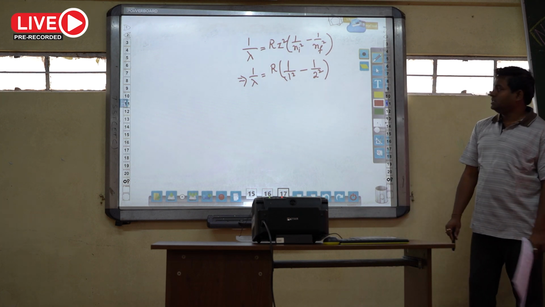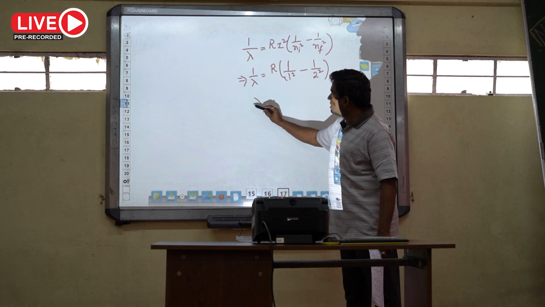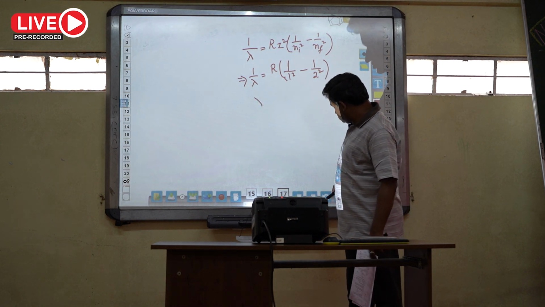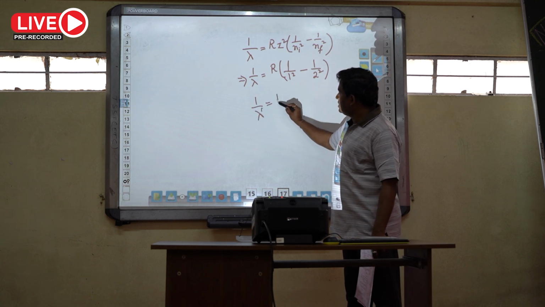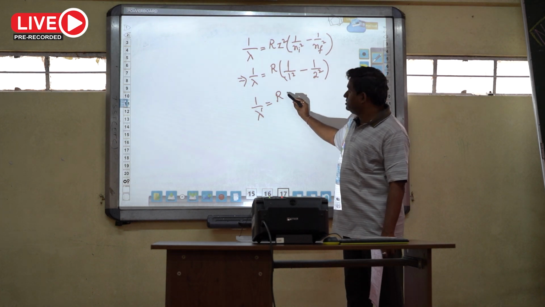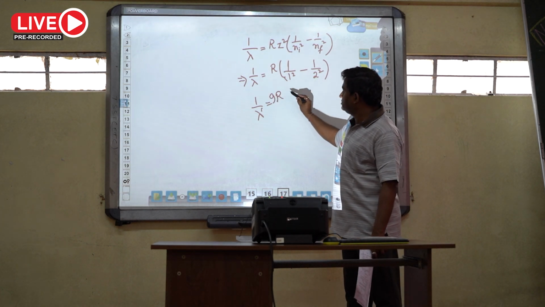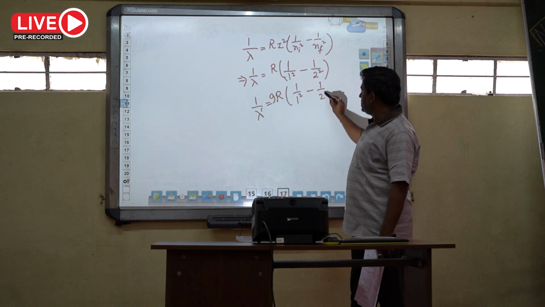Then for the lithium, let it be 1 by lambda prime. It will be R Z square. Z is now 3. So it will be 9, 1 by 1 square minus 1 by 2 square again.